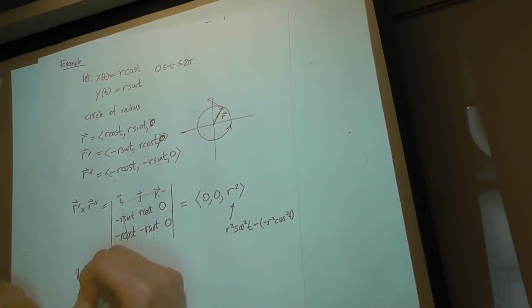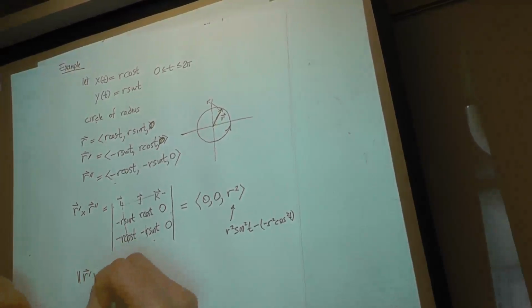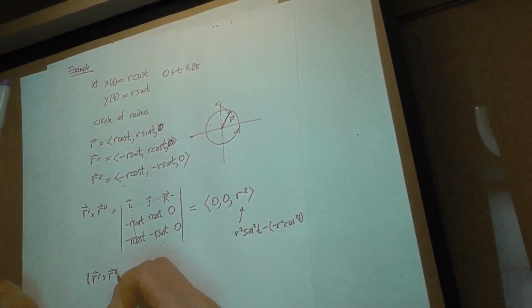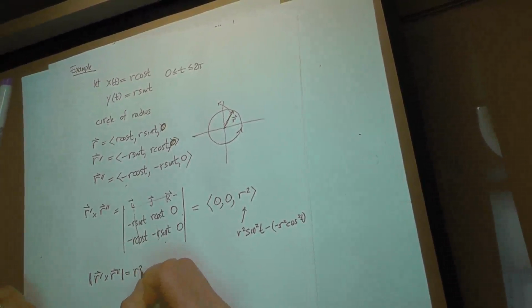Which means the magnitude of this vector is r squared.